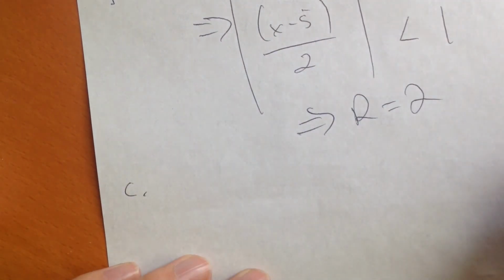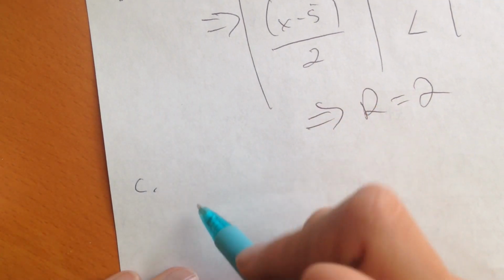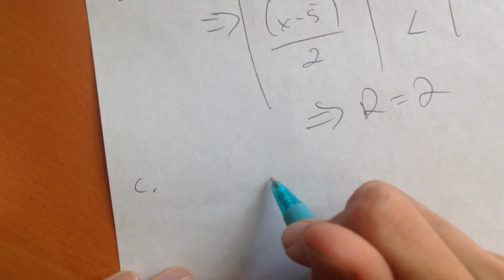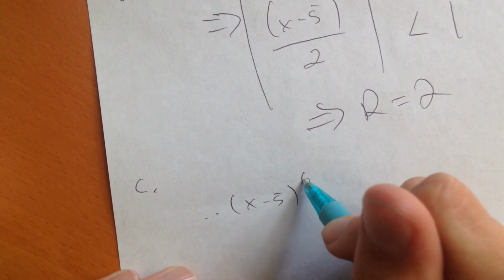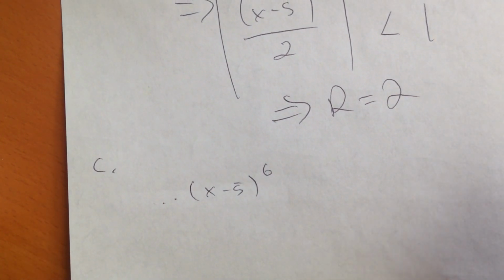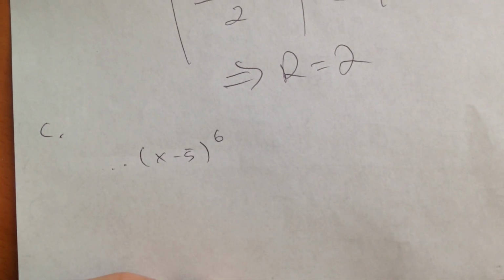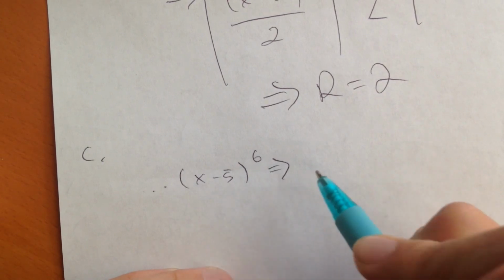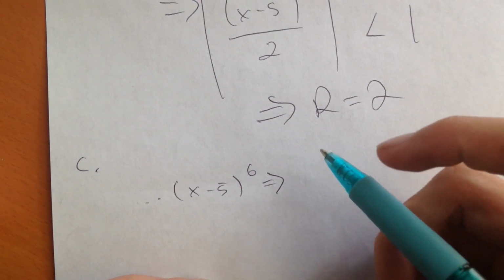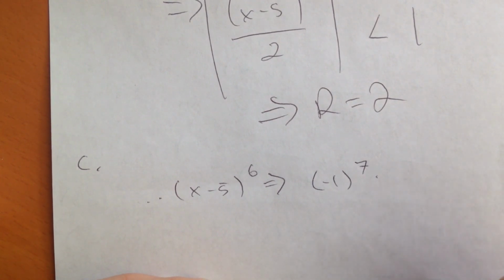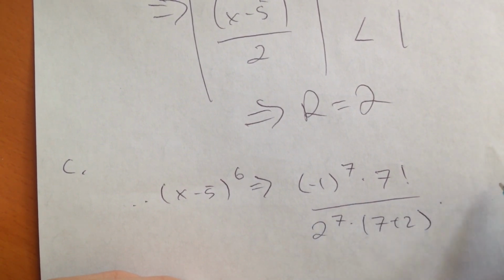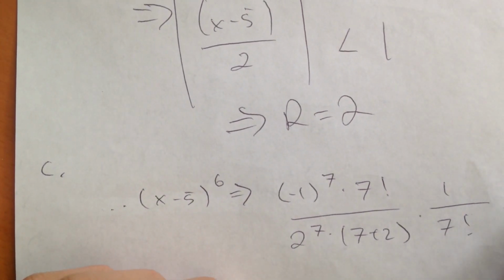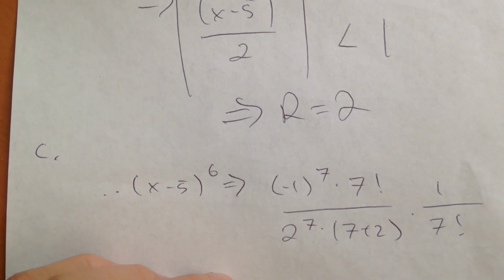So what's our 6th degree Taylor polynomial? Well, it's going to go all the way up to some term with some coefficient times x minus 5 to the 6th. So we want to find the value of the 7th degree term. So that's just going to be negative 1 to the 7th times 7 factorial over 2 to the 7th times 7 plus 2 times 1 over 7 factorial times x minus 5 to the 7th.